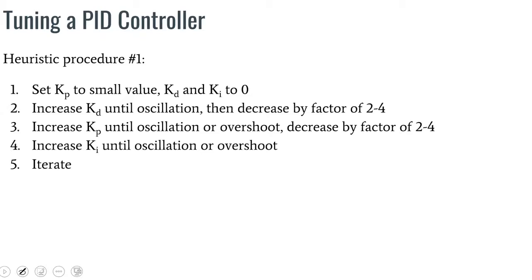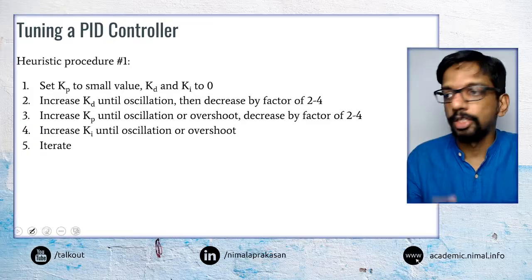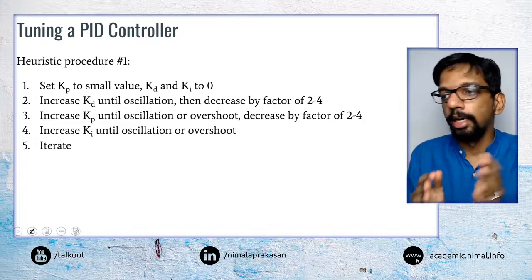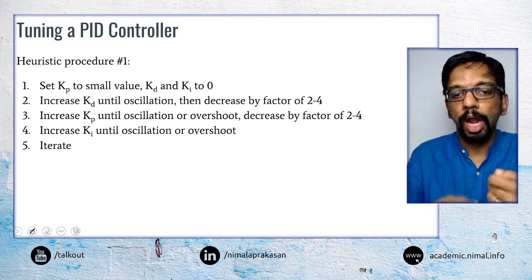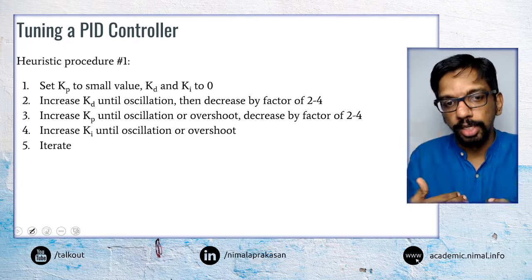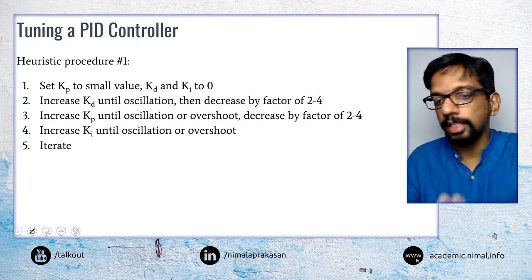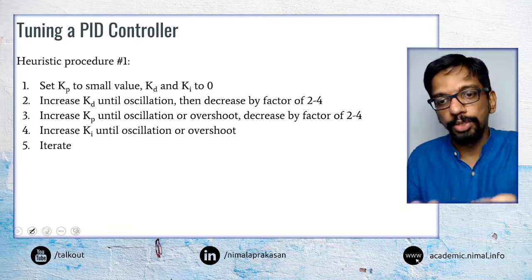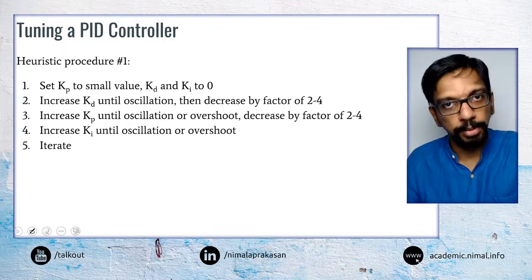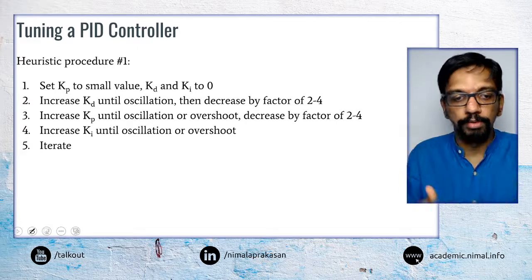So if you think about a manual or simpler approach to tuning controllers, what we can do is set the P value to a smaller value. So we would start with a smaller P value, and we can set D and I to 0, and then we can increase the P value until we are getting oscillation, and then we reduce that, and then we can increase D, and then when it is overshooting we can bring that back, and then we can bring in I, and when it is overshooting, we can bring that back.